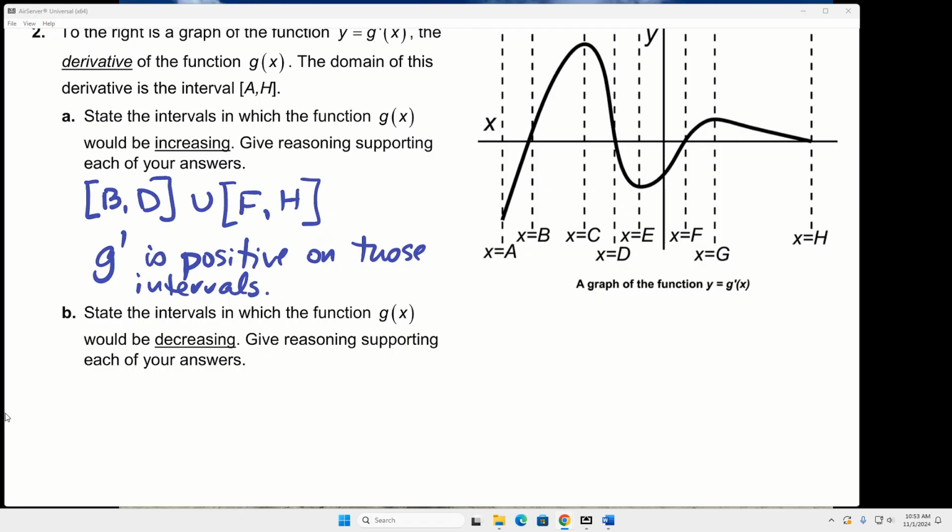Right, and then we're looking at the derivative and we're deciding decreasing intervals. We're looking for negative, where the derivative is negative.